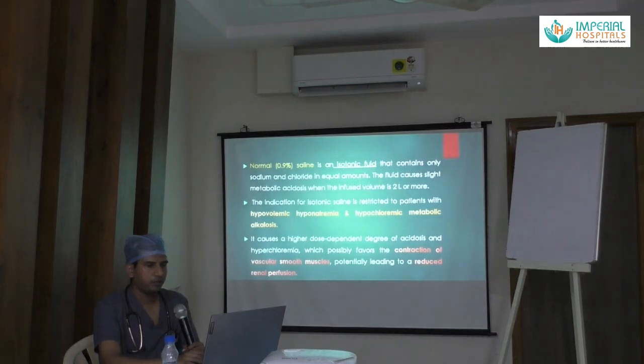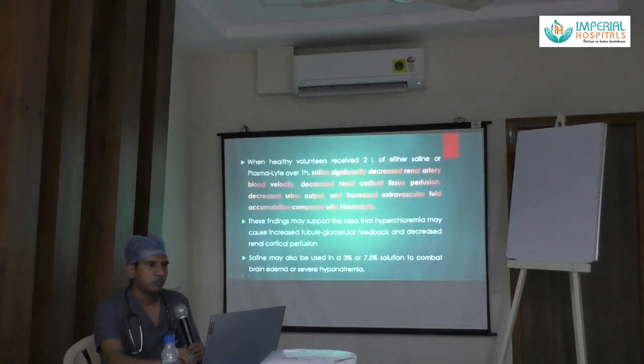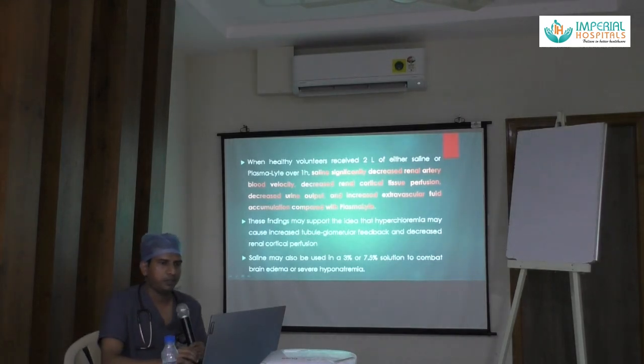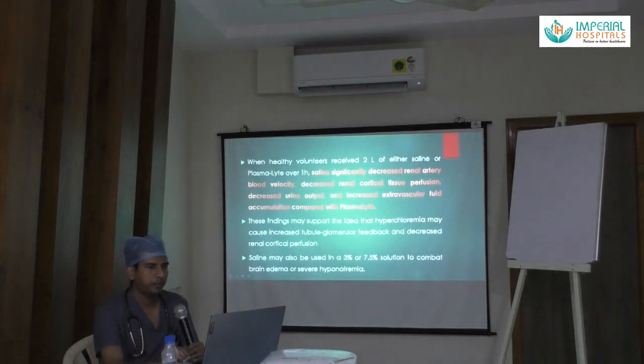It causes a dose-dependent degree of acidosis and hyperchloremia, which possibly favors the contraction of vascular smooth muscles, potentially leading to reduced renal perfusion. When healthy volunteers received 2 liters of either saline or plasmalyte over 1 hour, saline significantly decreased renal artery blood flow, decreased renal cortical tissue perfusion, decreased urine output, and increased extravascular fluid accumulation compared to plasmalyte.